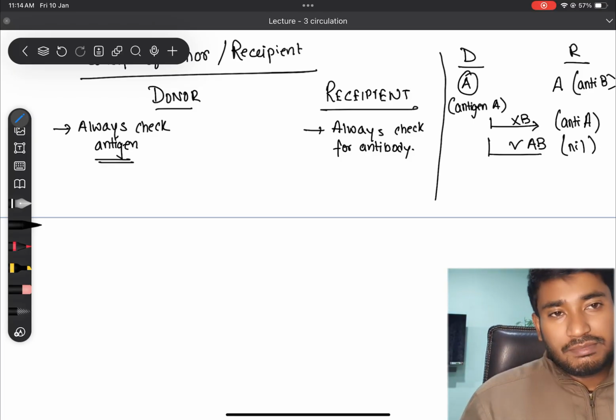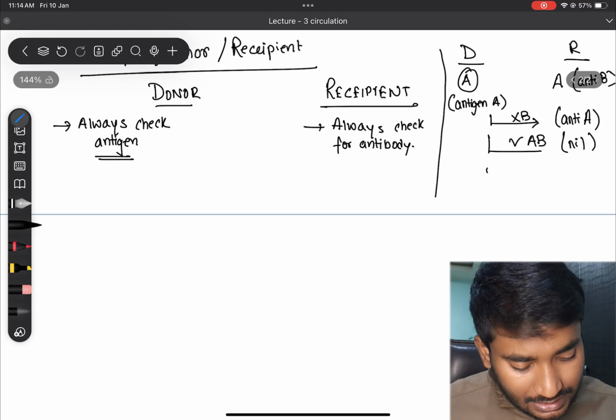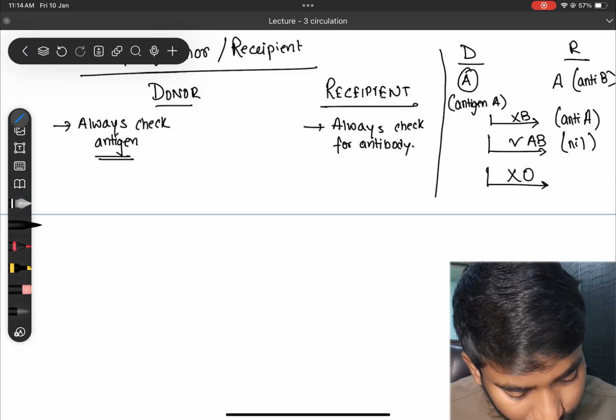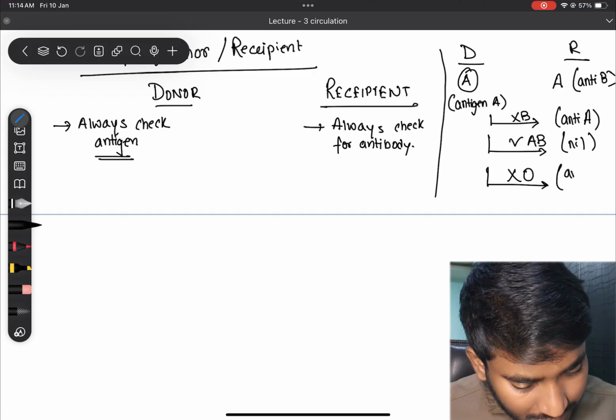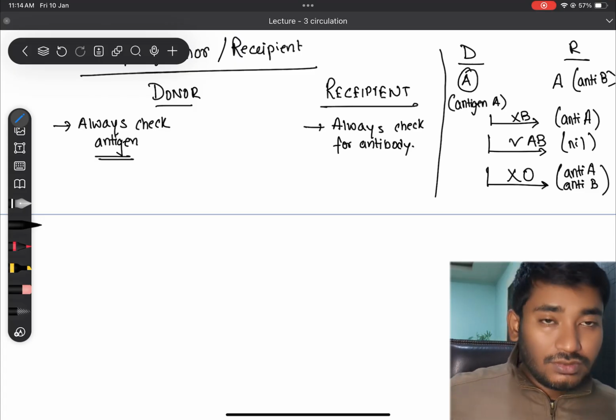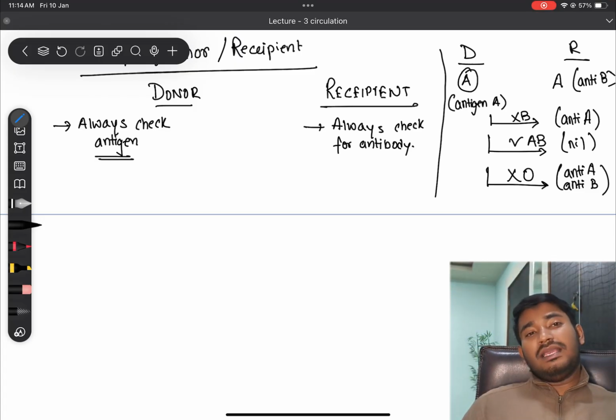AB has no antibody in its plasma. Here, on the next, we give blood to O. Here both antibodies, anti A and anti B, are present, so O positive cannot take the blood from A positive.